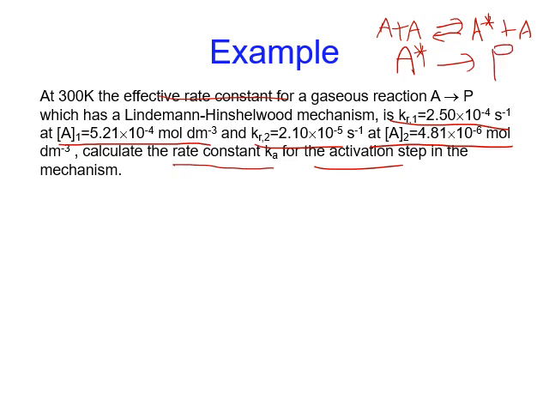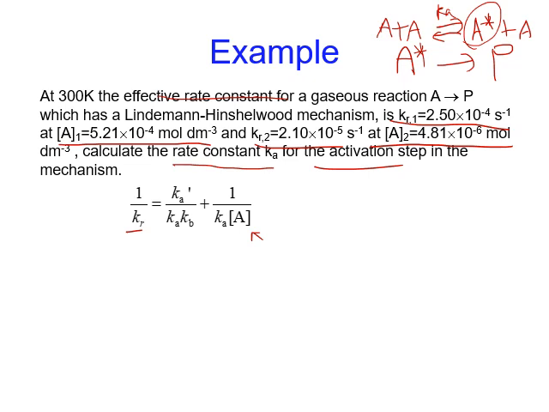The first step, Ka, is called the activation step because this step forms the activated molecule, and therefore we want to calculate Ka.